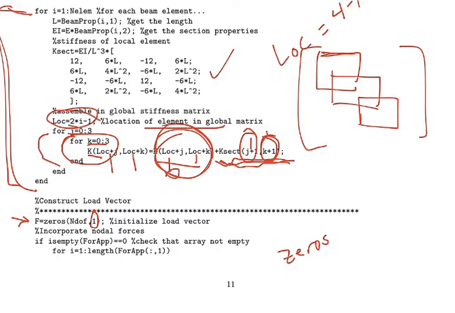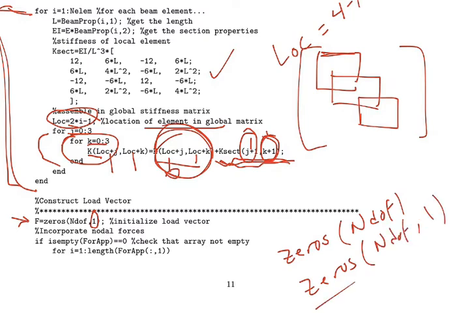Remember that zeros makes a matrix, but NDOF, if I leave it like this, then it makes it NDOF by NDOF.